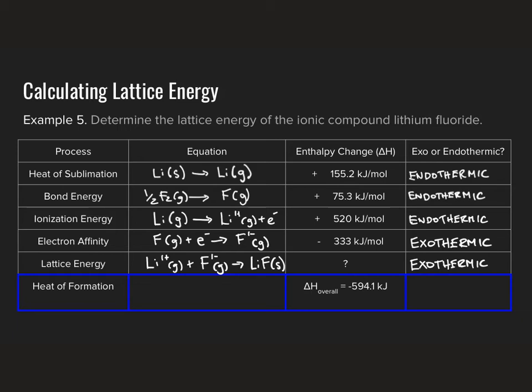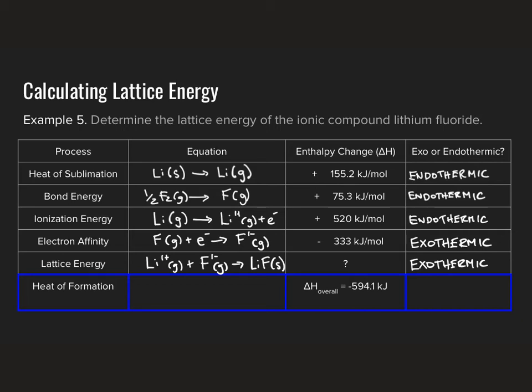And last but not least, our final step here, which is not really a step, this is really the overall reaction we're dealing with, is what we refer to as a heat of formation. Again, by definition, a heat of formation reaction is a reaction that yields 1 mole of the compound, and it forms it out of elements in their native states.